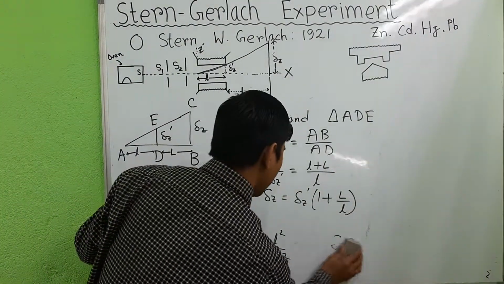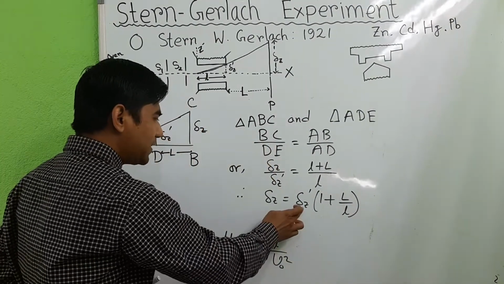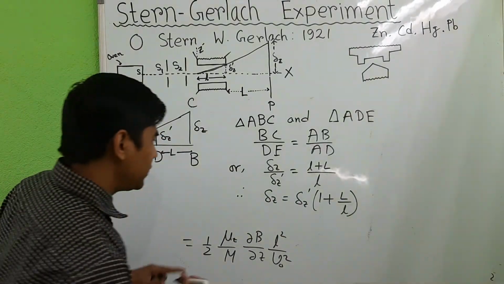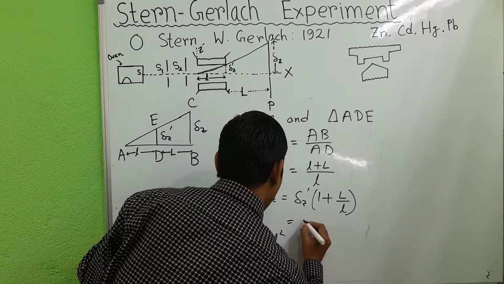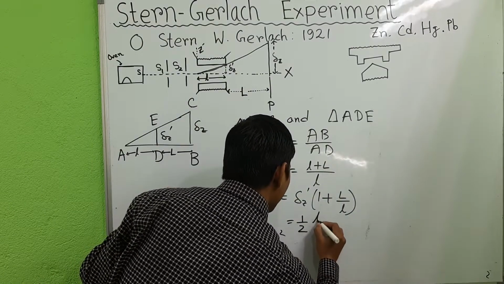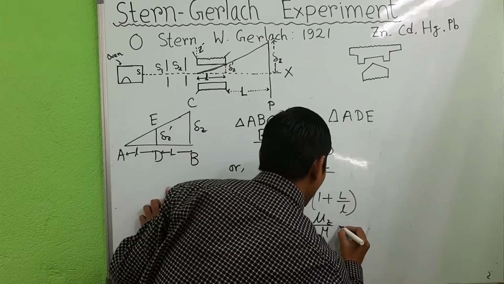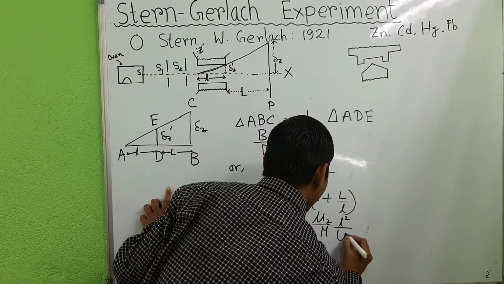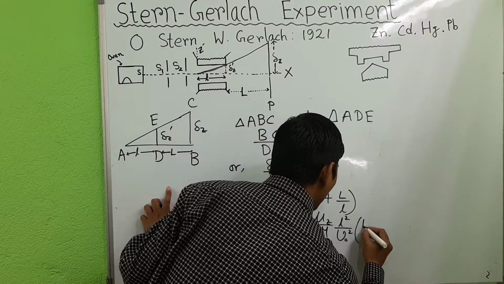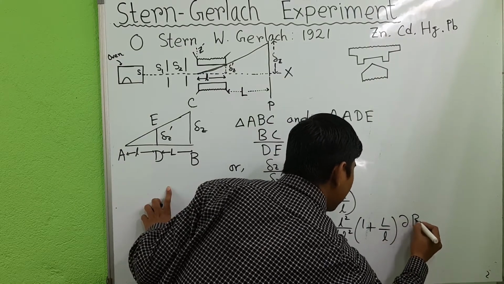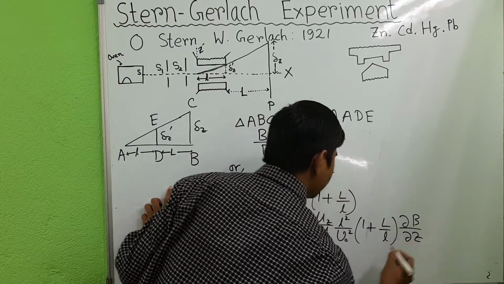Now if we put the value of delta z dashed from this equation, then we get delta z equals half mu z by m into L square by V0 square into 1 plus L by l into del B del z.